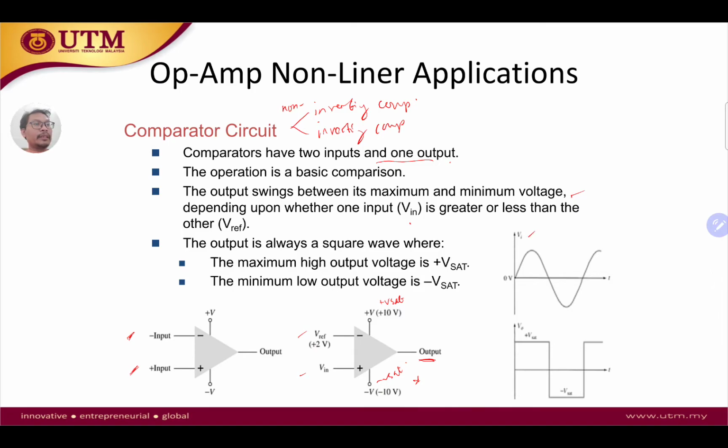We apply a sine wave on the input, and we are expecting a square wave on the output. So sine input, and then we have a square output here. And this Vout is corresponding to our output value.